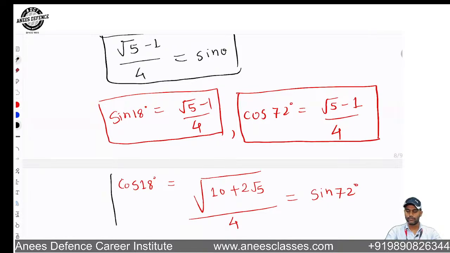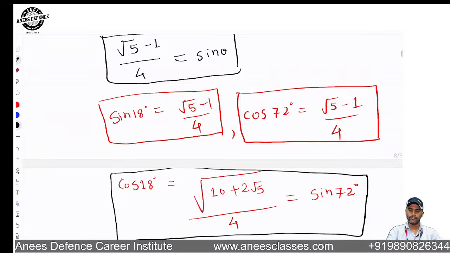Okay. Please note it down. So this is sine 18, this is cos 72, and this is cos 18 and sine 72.